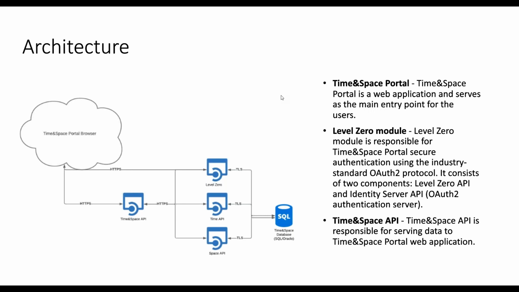And the third part is the Time and Space API. This API is responsible for serving the data to the web application. As you can see here in the diagram, this Time and Space API also uses data from the existing APIs, such as Time API and Space API.